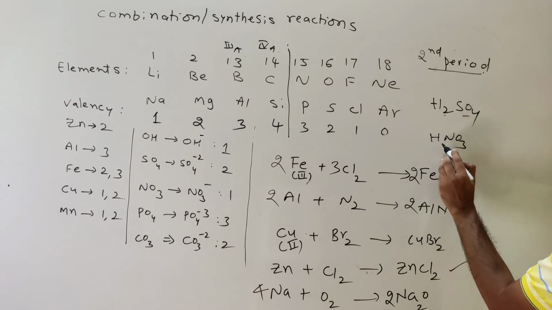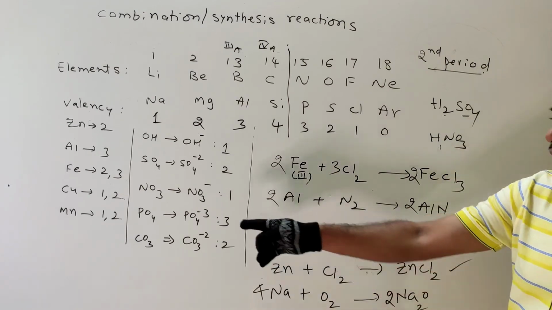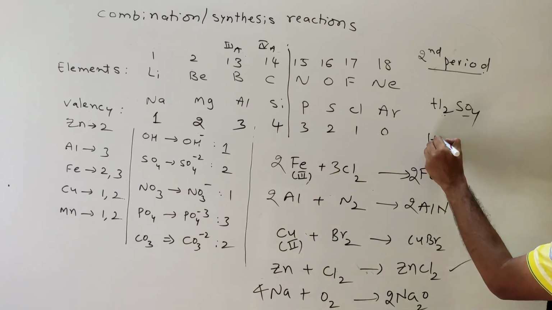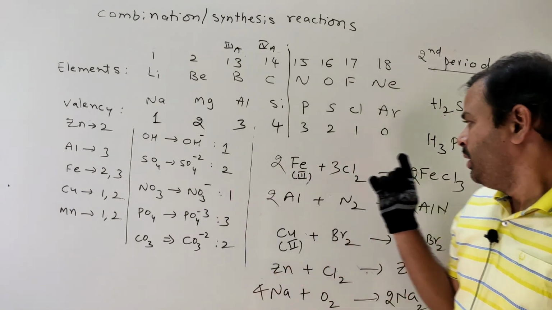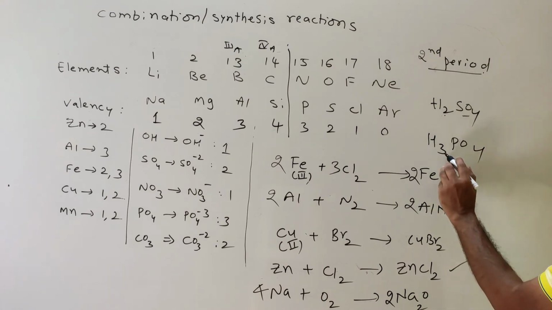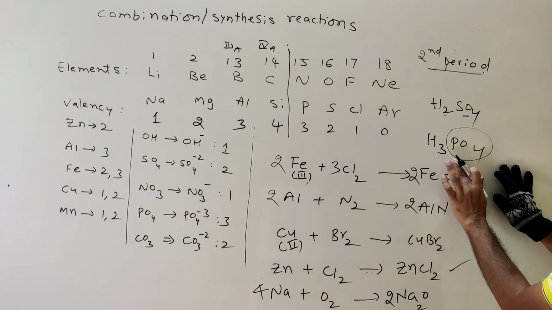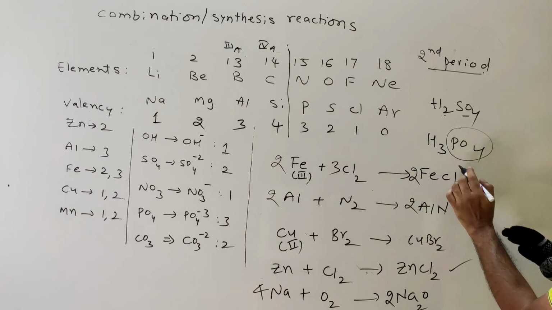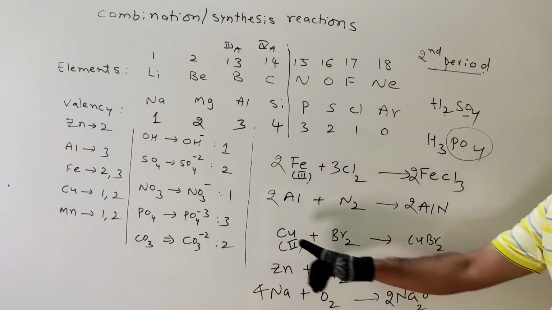HNO3 means H is 1, that's why in the crisscross rule NO3 is 1. Okay, and next H3PO4 is with PO4, the most familiar compound is phosphoric acid, H3PO4. So PO4 is a PO4 ion, PO4 minus 3. So how to get this? So PO4 crisscross 3, so PO4 minus 3.